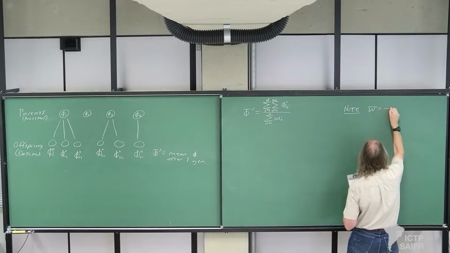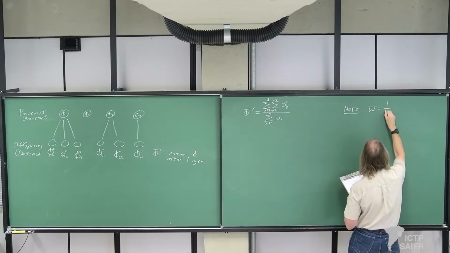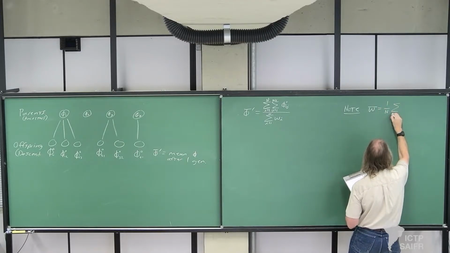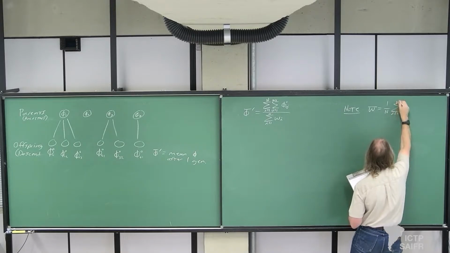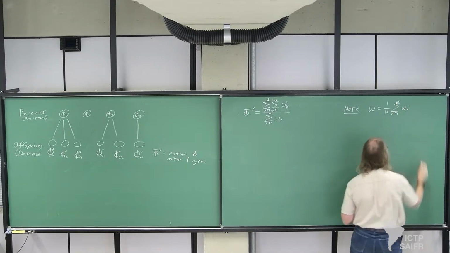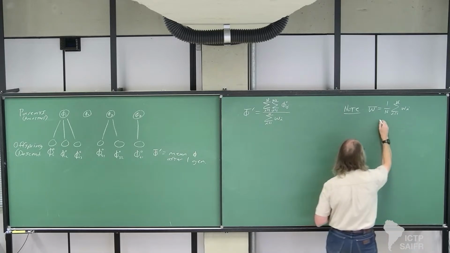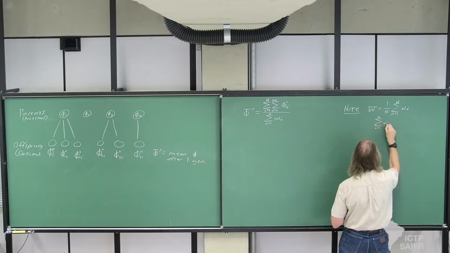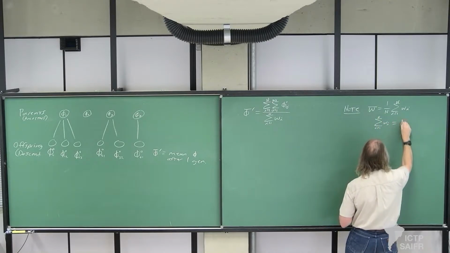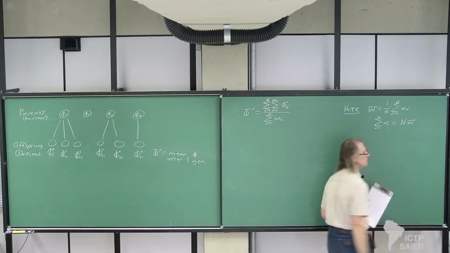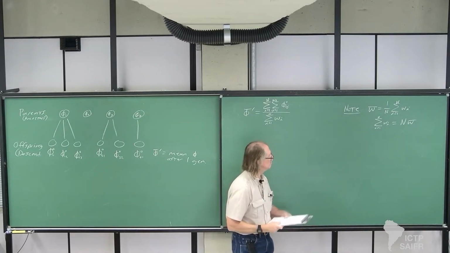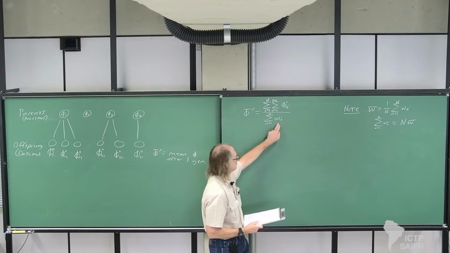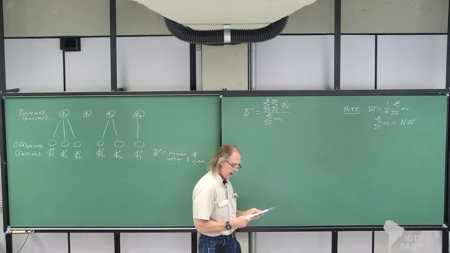Well, that's just 1 over n, summation i equal 1 to n of w sub i, right? So summation i equal 1 to n of w sub i is just n W bar, right? And I've got that summation down here, so that's kind of convenient.